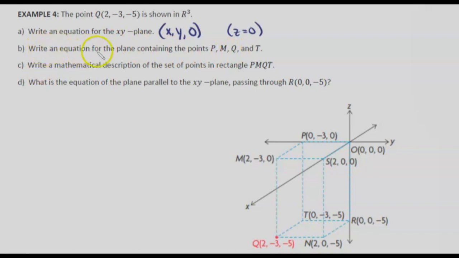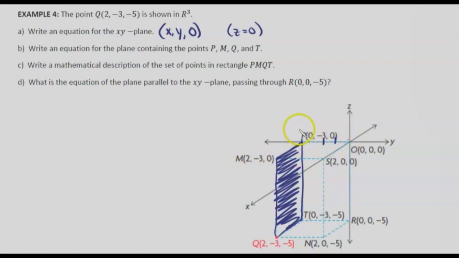Okay, write an equation for the plane containing the points P, M, Q, and T. So PM is here, and then Q, and then T. So if we actually take a look at this, we can consider this as a plane. So we've gone in the Y direction three units.